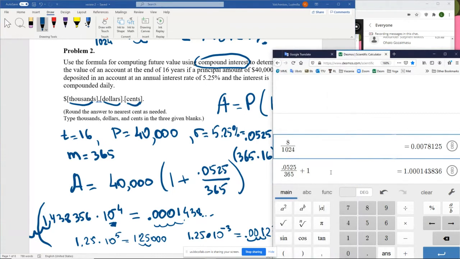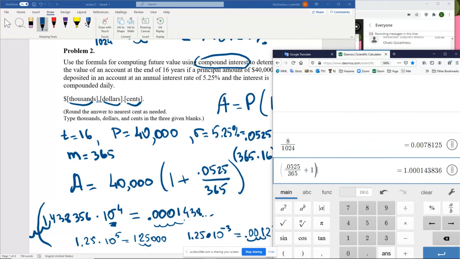Okay, we return to our formula. 1 plus, so now we have this expression in parentheses. Okay, these are the parentheses, and we raise it to the power, and here we need another parenthesis for 365 multiplied by 16. This is the next intermediate answer.